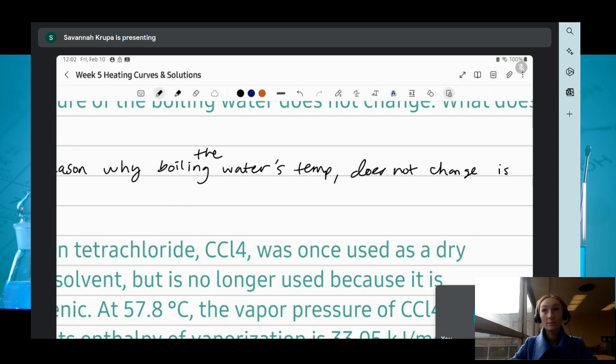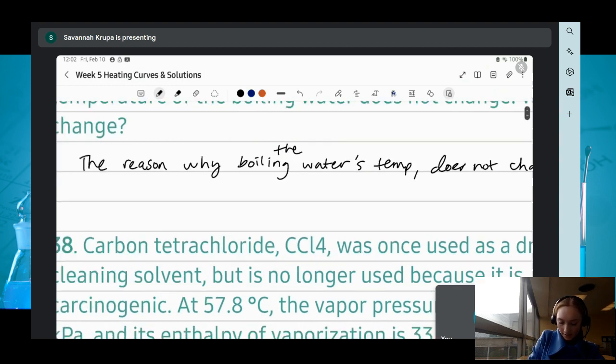So it can't change temperature yet because all that energy is being used towards changing the phase. That's basically what is changing, and what's not changing is the temperature, like it was stated.